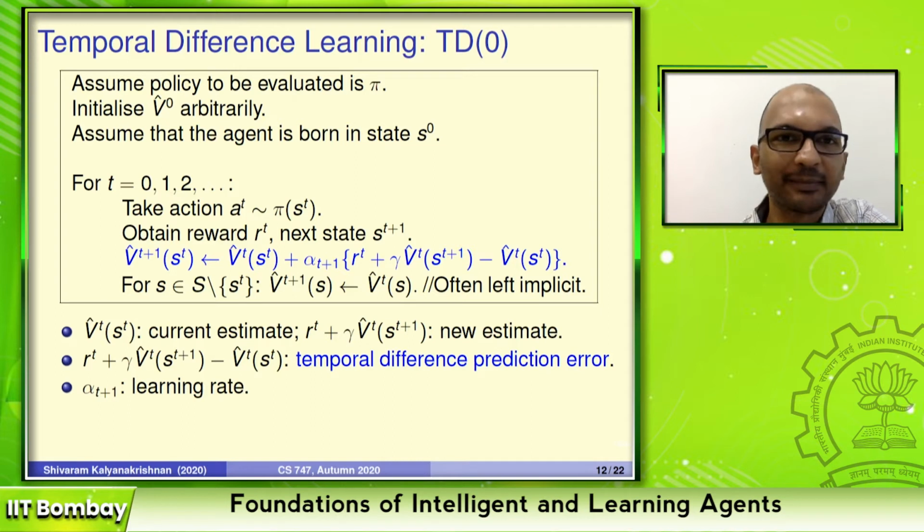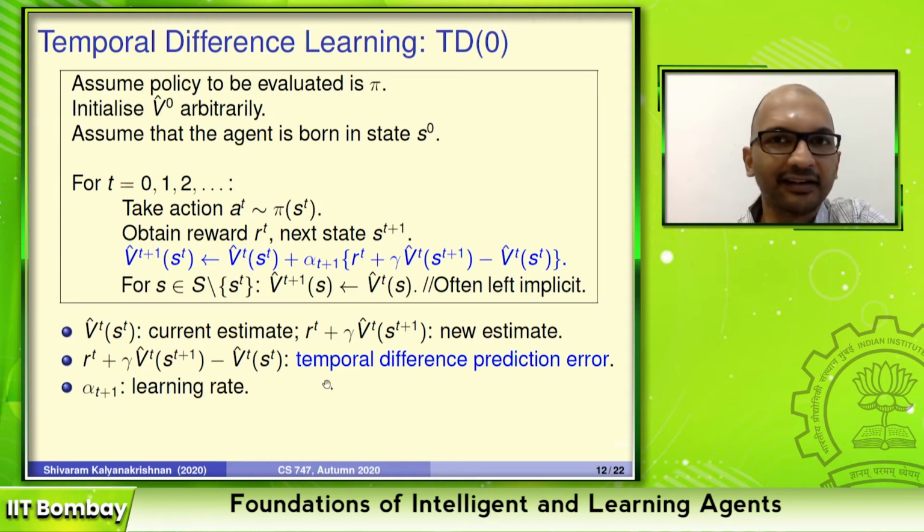And what you're able to say based on the new evidence does not really match up with the old evidence. So this quantity will be non-zero if the things don't match up. Okay, it'll actually be zero if these two things are exactly the same. Then the temporal difference prediction error will be zero, and Vt plus 1 will just be left as it is. It's going to be just Vt.